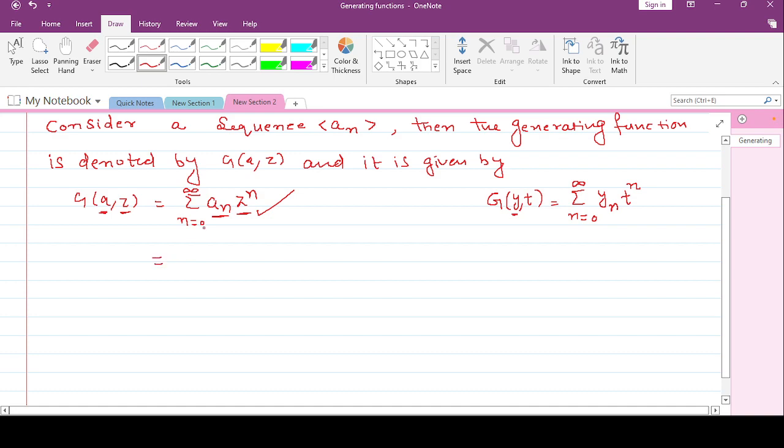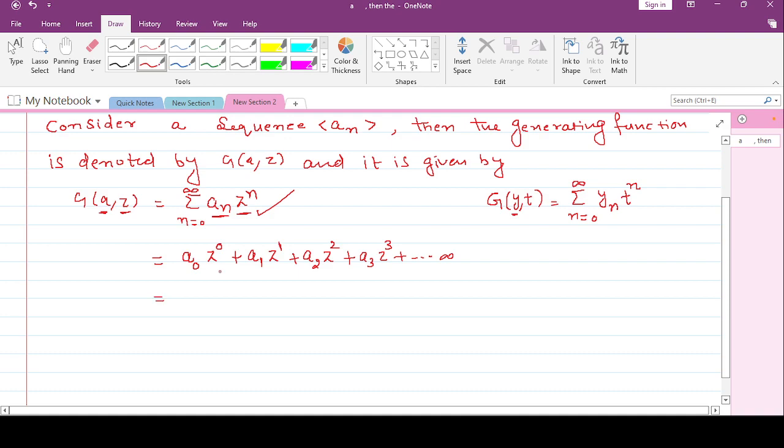Now if you want to find the expanded form, one by one you substitute the values of n here. When n is 0, it is a0 z raised to the power 0, a1 z raised to the power 1, a2 z raised to the power 2, a3 z raised to the power 3, and so on.